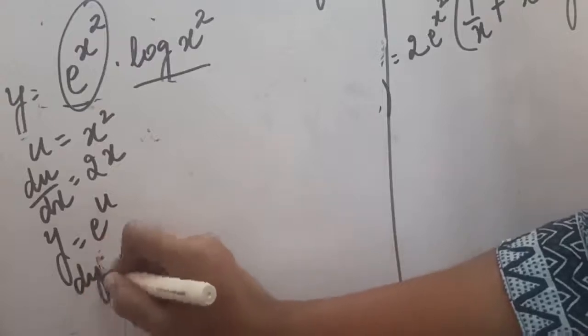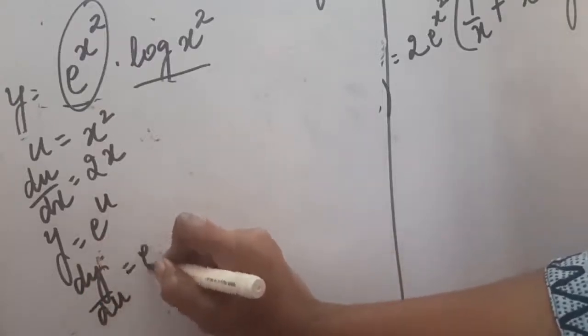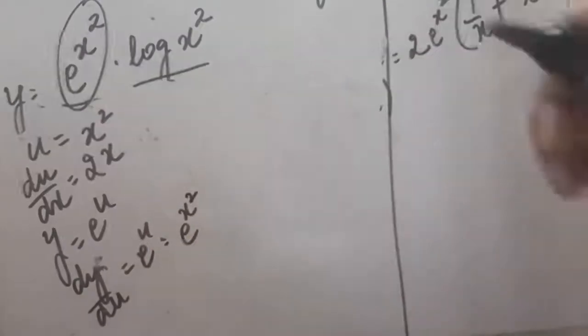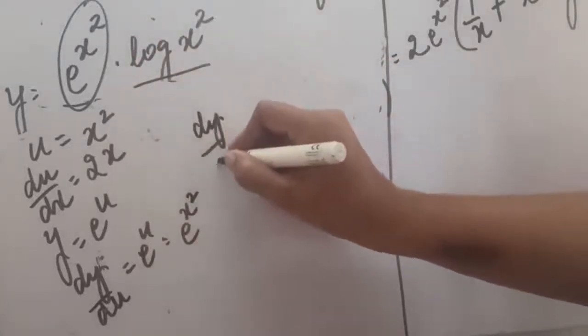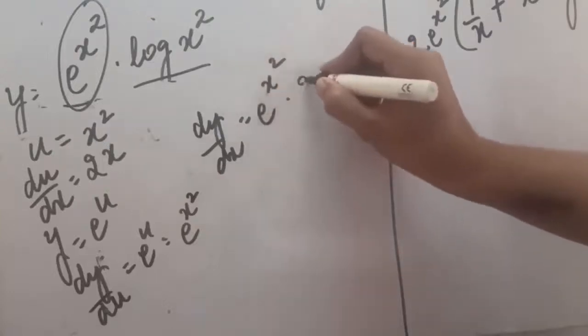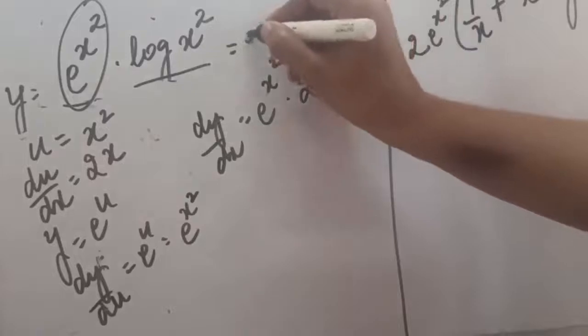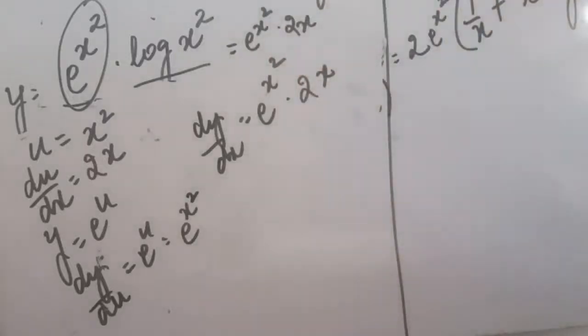So the derivative will also be the same, dy upon du will be e^u, where u is x². If you multiply, dy upon dx will be e^(x²) into 2x. So this is the answer of the first part, e^(x²) into 2x. I'll just write it here, e^(x²) into 2x we got from the first part.